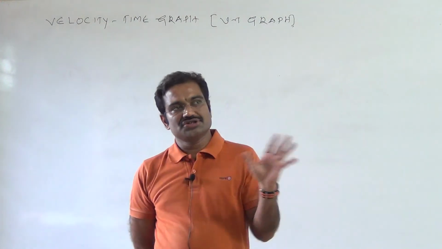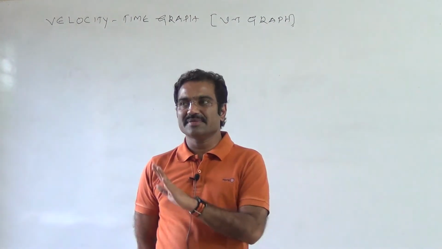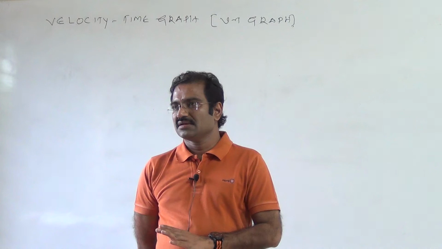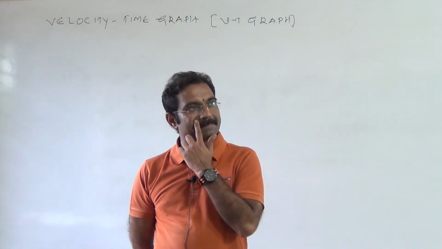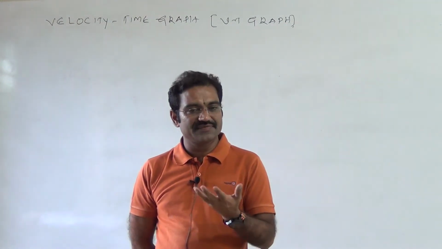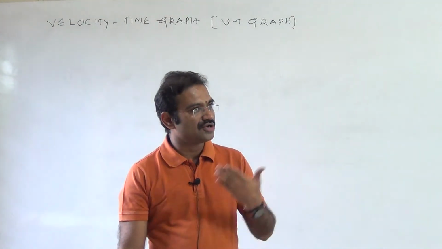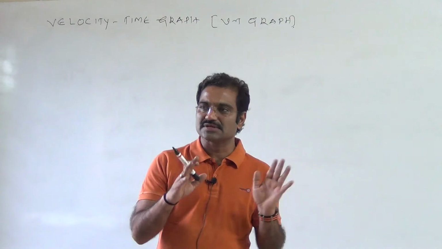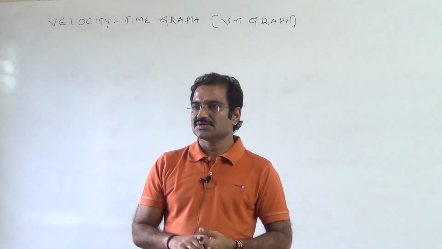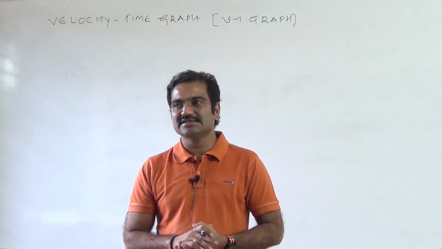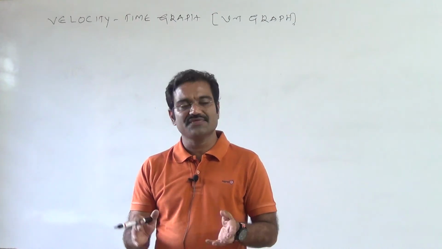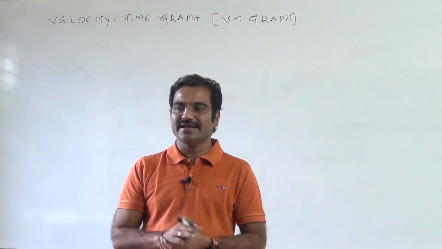The motion can be caused by a force. Without the force, there is no motion, because if the body is at rest, to displace that body from one point to another point, we have to apply the forces. So the branch which deals with the action of the forces on a body is known as mechanics.